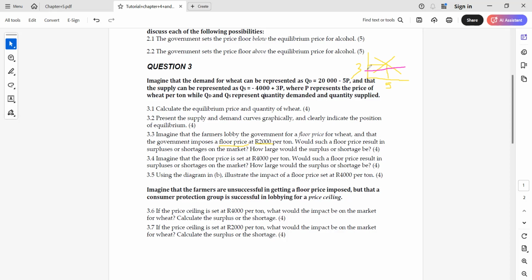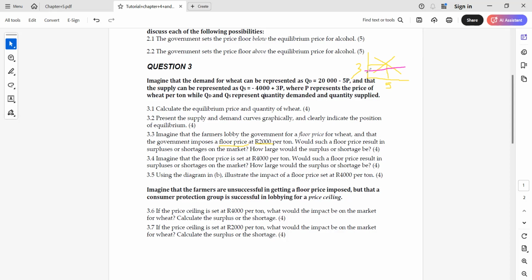Already, we're charging 3,000 for this wheat, so it's already above 2,000. It would be ineffective to say we must charge a price above 2,000 when we are already charging 3,000, and 3,000 is above 2,000.